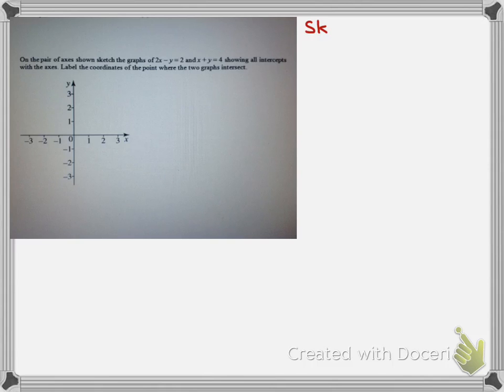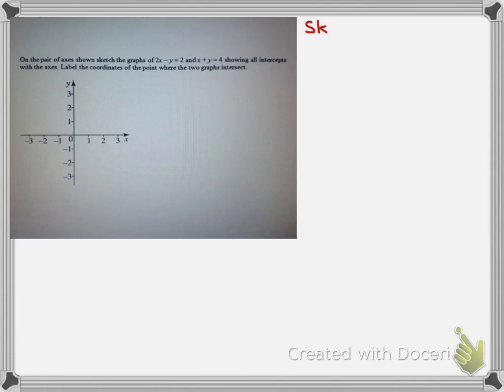Okay, well solving simultaneously can give us that point of intersection. Because we're using a graph, we're going to graph both equations first to see roughly where the point of intersection lies, and then instead of using the elimination method like we did before, we'll just use a graphic calculator to find the point of intersection.